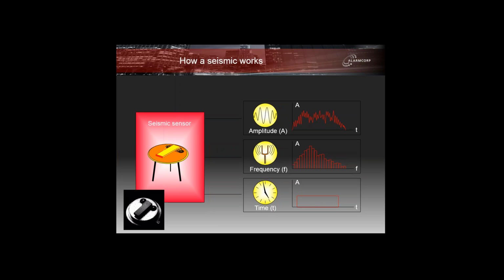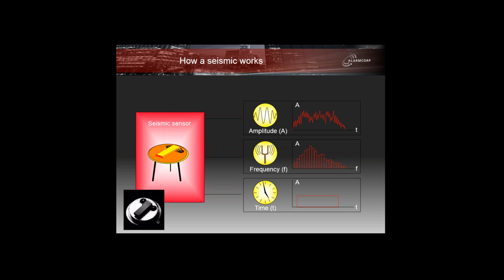Next is frequency. These are attuned to a particular frequency, and that's all that they look at. So any higher or lower frequencies, these units typically are unaffected. And with the amplitude and frequency, they have to occur over a given time period before an alarm is generated.